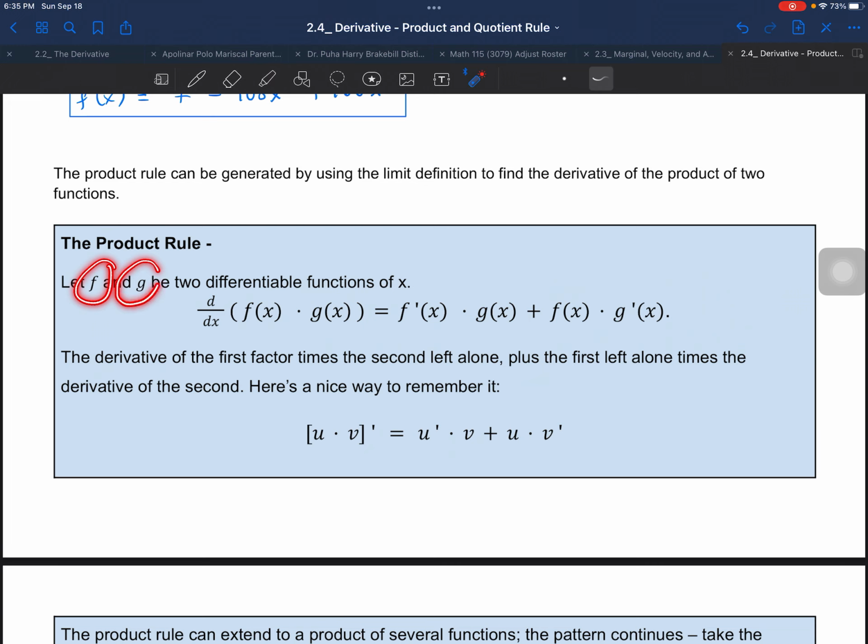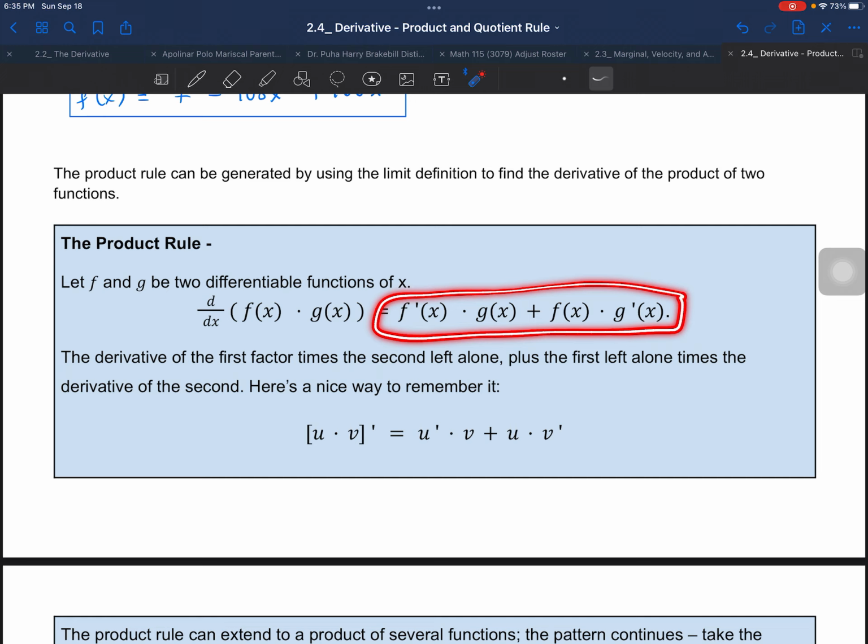So we assume that the function f and another function g are two differentiable functions. That means you can take the derivative of both of them. And if you're trying to take the derivative of the product of these two, what we would do is follow this special formula. Now I have to say that this formula didn't just appear or get invented out of nothing.